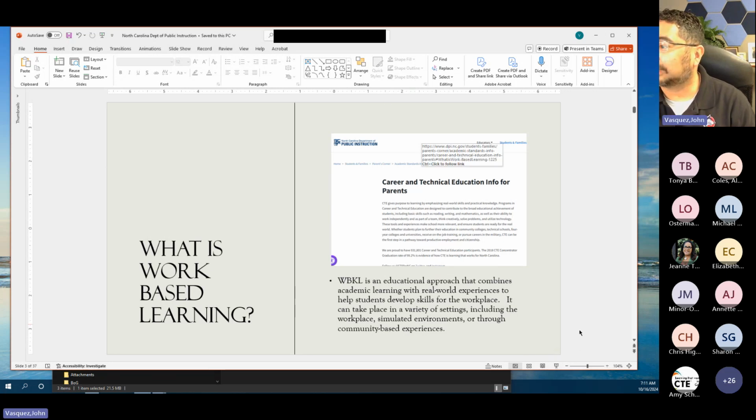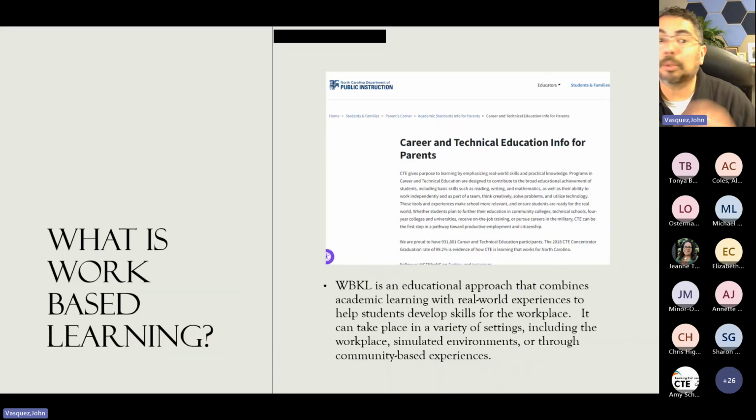So I always like to start with, what is work-based learning? And you all have a great definition for that. I looked it up. I do this because lots of folks have different definitions at different states and different institutions.